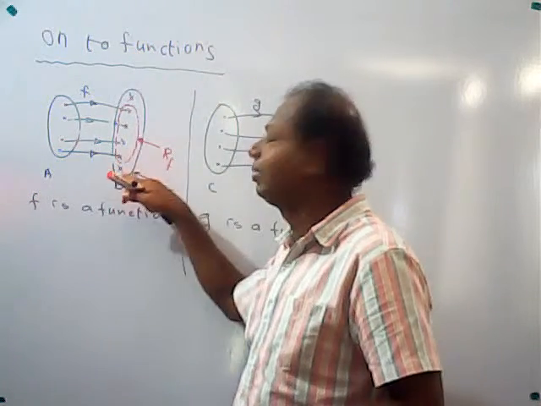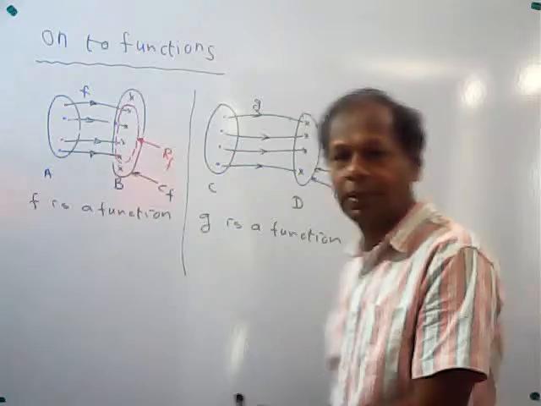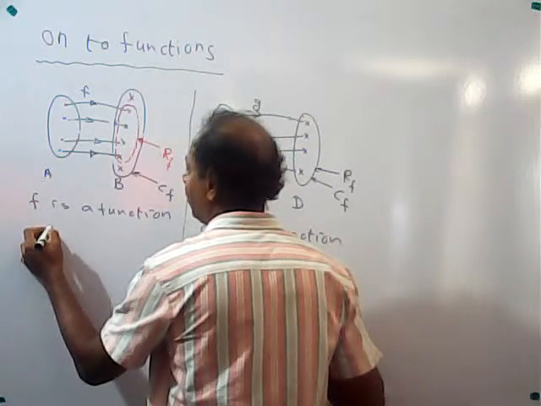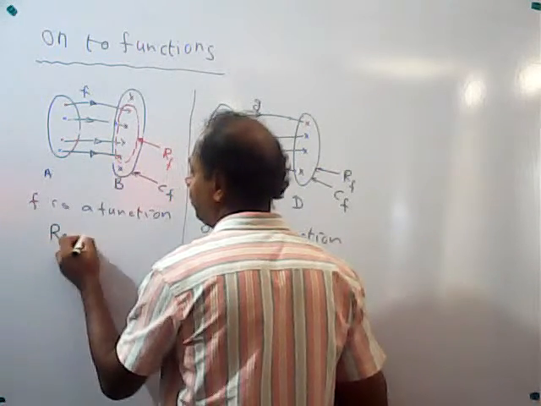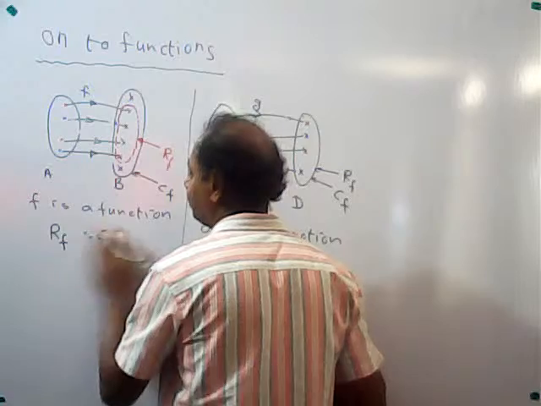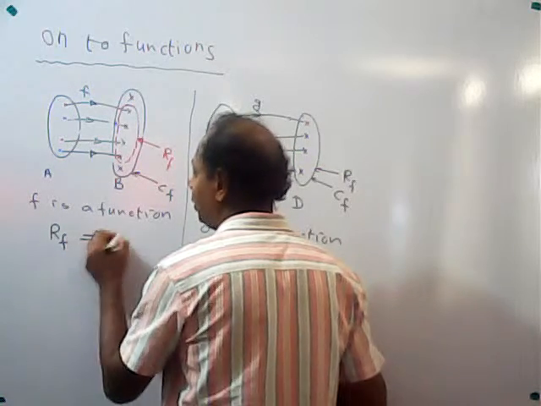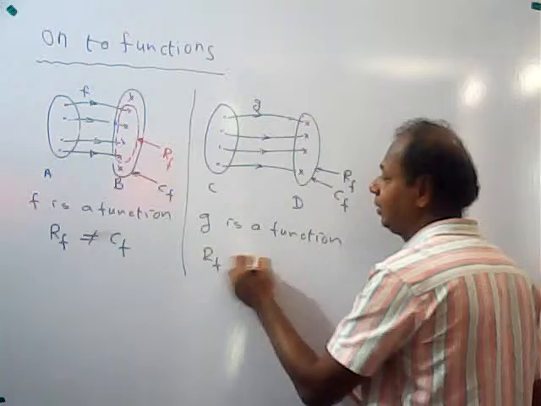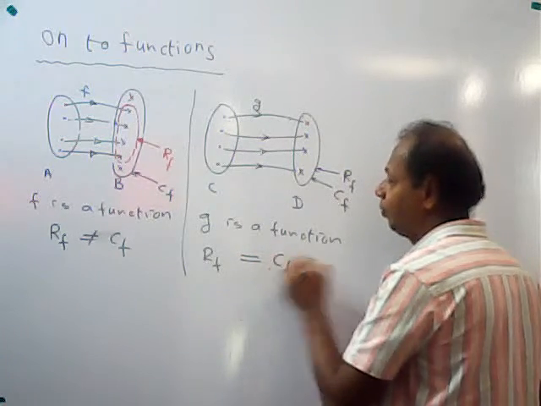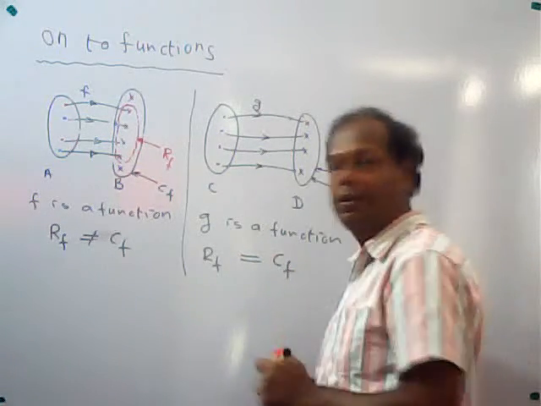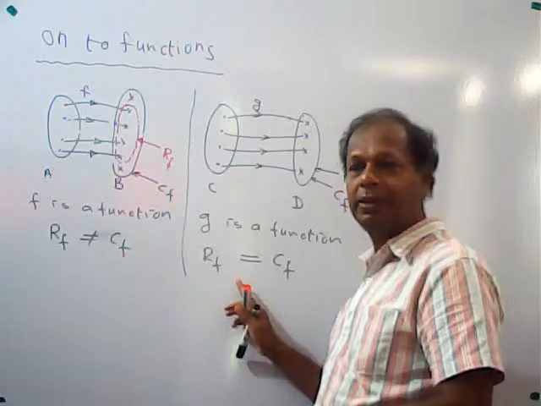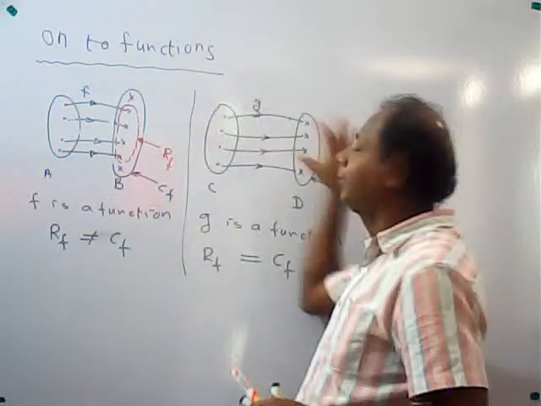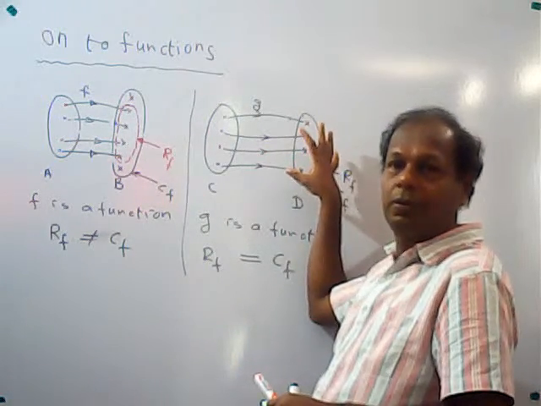There are some elements left out. So the range of f is not equal to the codomain of f, whereas the range of g is equal to the codomain of g. If they are equal, in other words, the function covers the whole codomain.